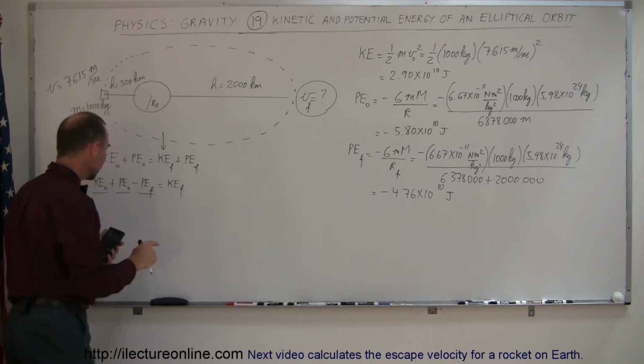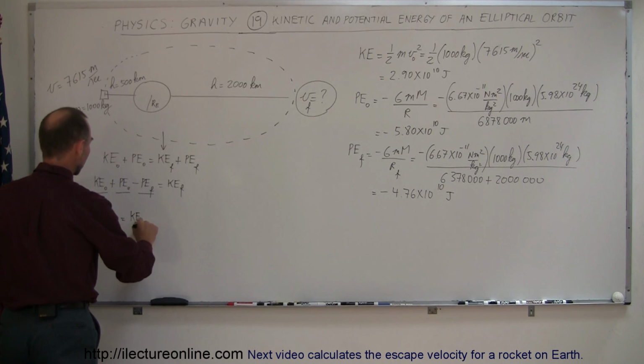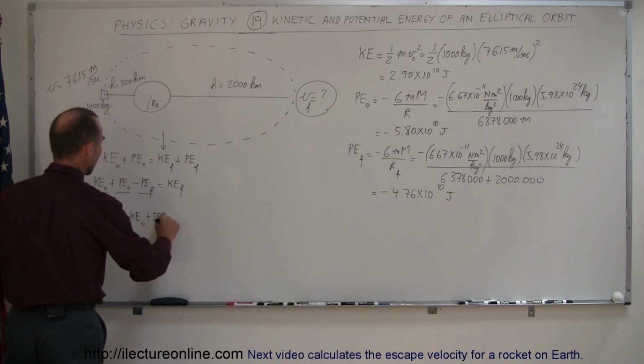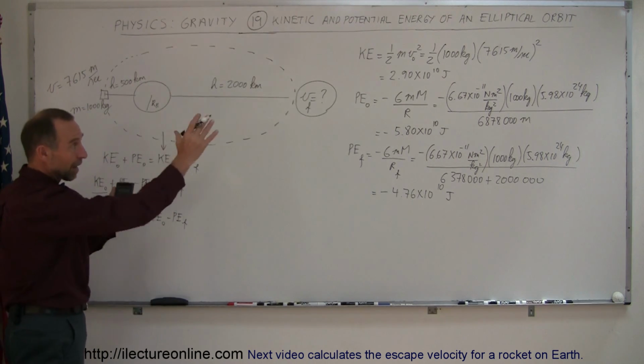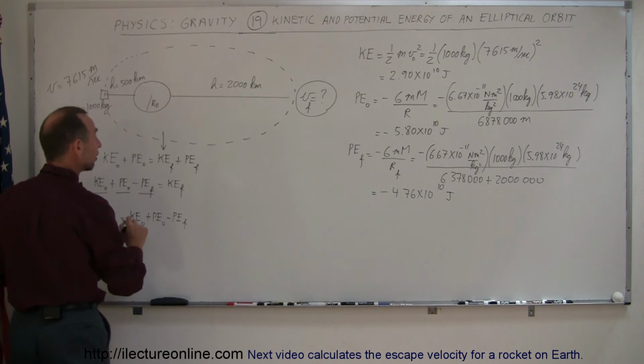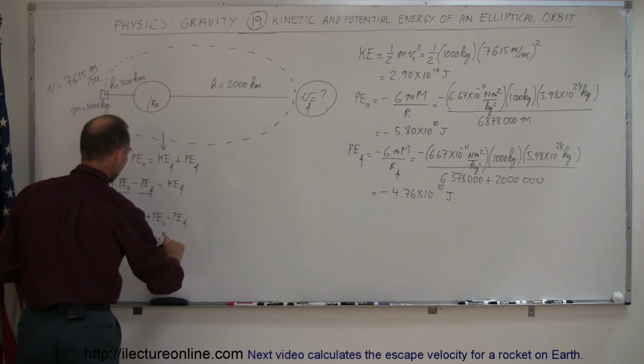All right, now we can see that to get the kinetic energy final, that is equal to the kinetic energy initial plus potential energy initial minus potential energy final. So the signs are very important here. Let's match up the numbers that we have. Kinetic energy initial was a positive 2.90 times 10 to the 10 joules.